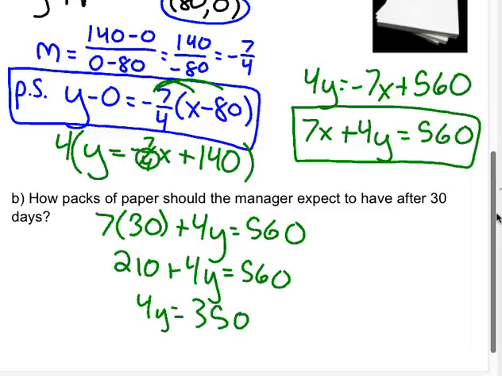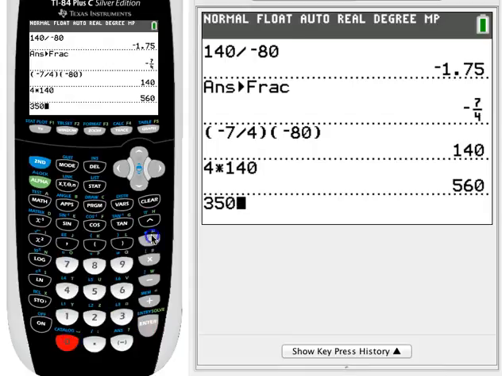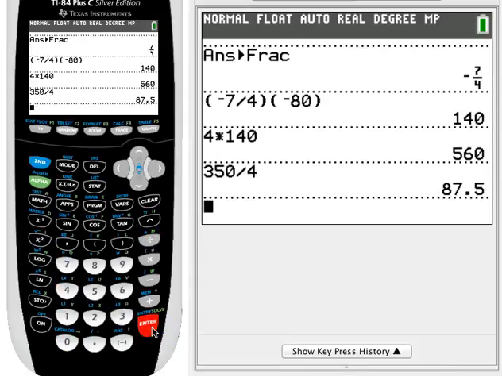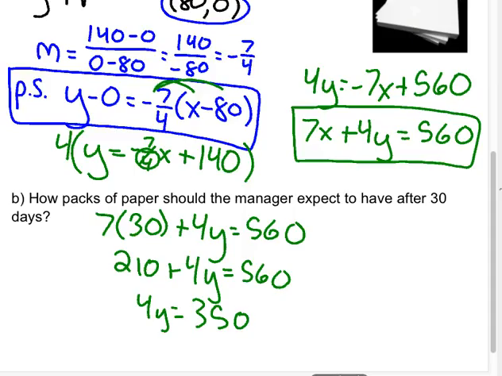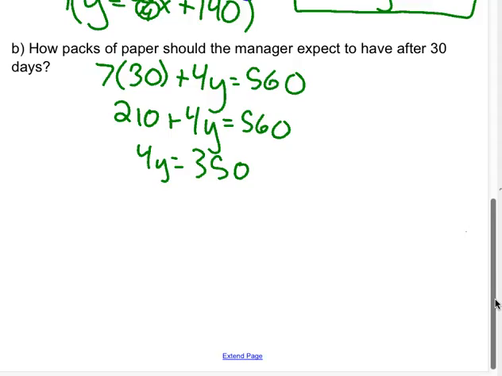And then 350 divided by 4, about 87 and a half packs left. Okay, and again, that's based on 30 days. So when X is 30, it wanted to know the packs of paper. What is Y? All right, so again, just reviewing the skills we talked about yesterday.